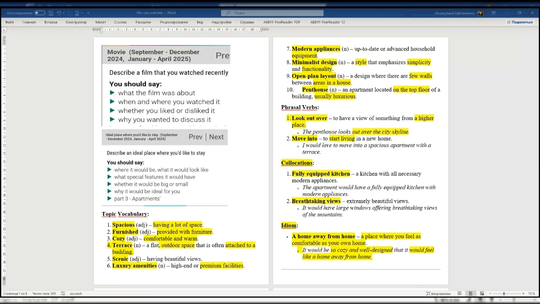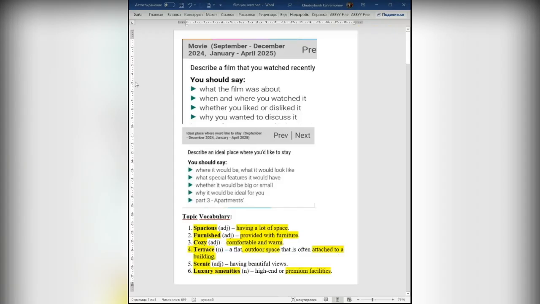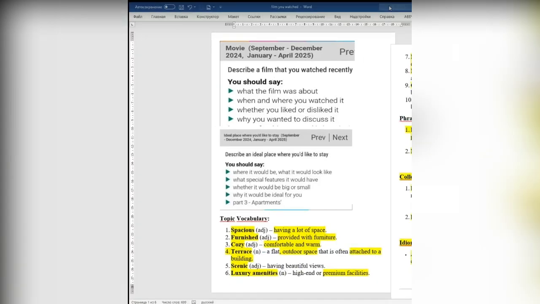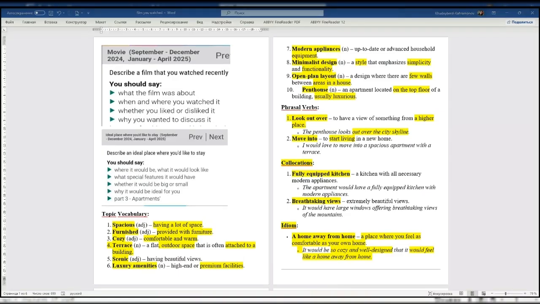Zulfiya, would you like to talk? Hello, Zulfiya, you are unmuted, so you can speak. Can I speak? Yeah, sure. Of course you can. Are you ready? Yeah. Begin.